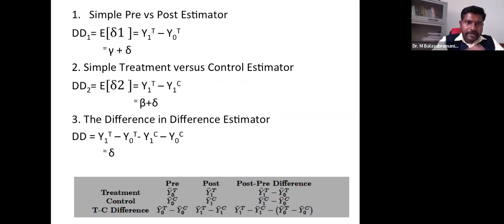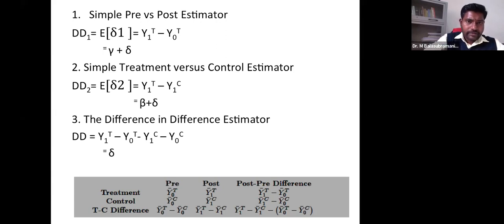here. The expected delta 1 is equal to y1 bar t minus y0 bar t. This one is the technological intervention. The 0 indicates before the program, and 1 after the program. Applying these two factors here, we get alpha plus beta plus gamma plus delta minus alpha minus beta.